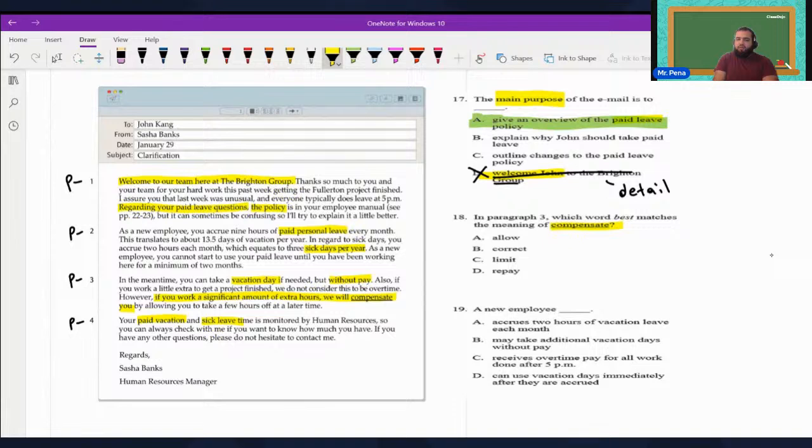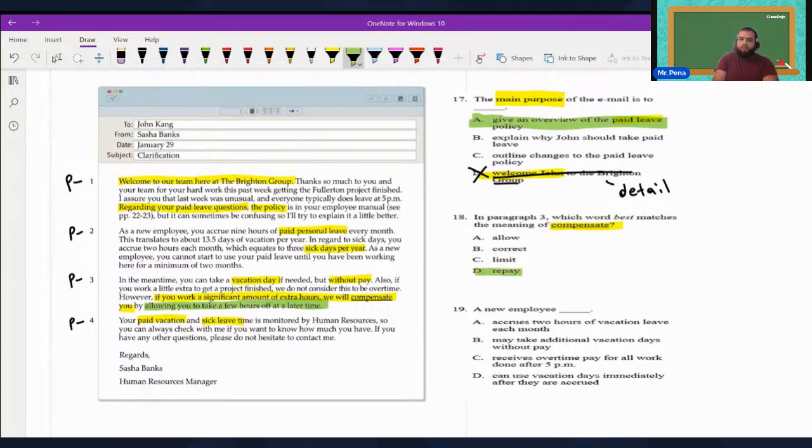And then a little extra project, we do not consider this overtime. But they will compensate you, and then here's the key, by allowing you to take a few hours off at a later time. So compensation is when they give you something back.